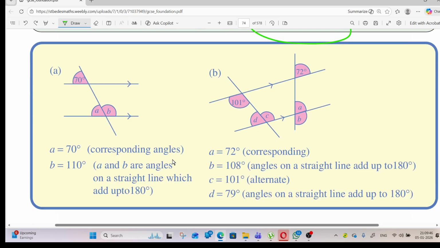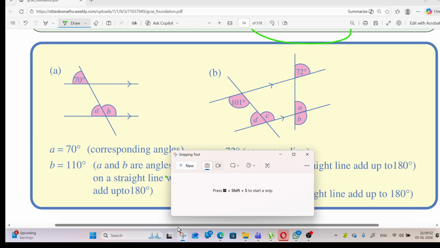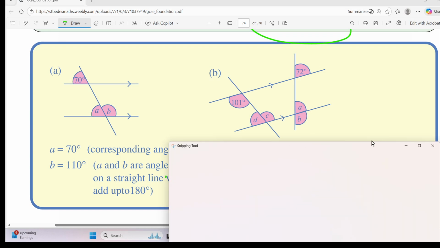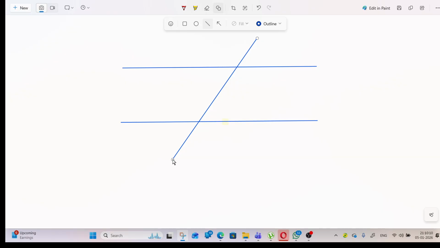So basically, let me show you here. Suppose this line and this line are parallel, and this line is intersecting these two lines.